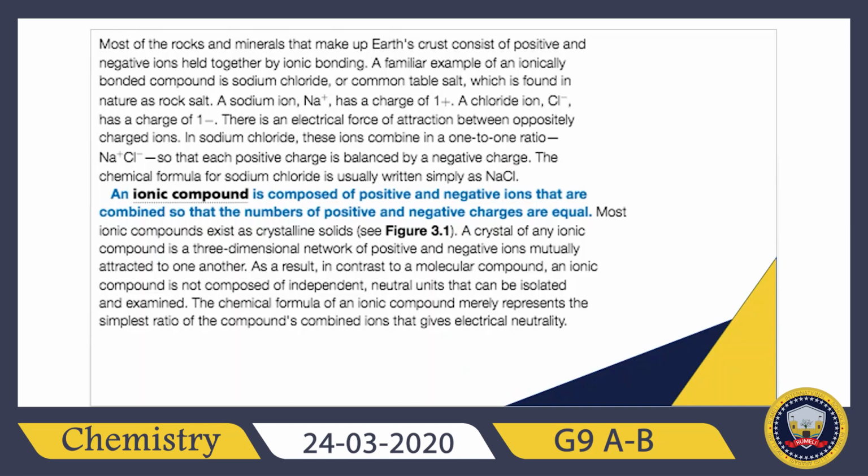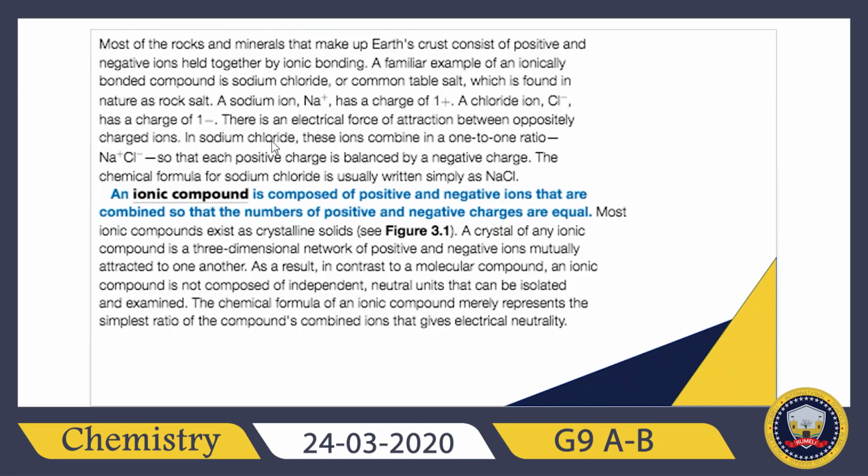Okay? So what is an ionic compound? It is composed of positive and negative ions that are combined so that the numbers of positive and negative charges are equal. Okay, it means the sum of the charge of NaCl is 0. Okay, so this is an ionic compound.